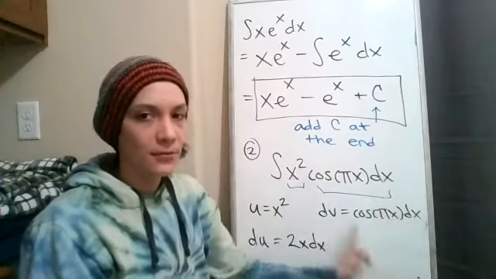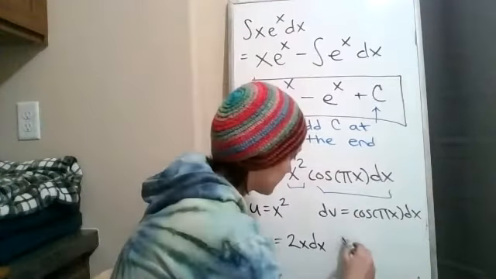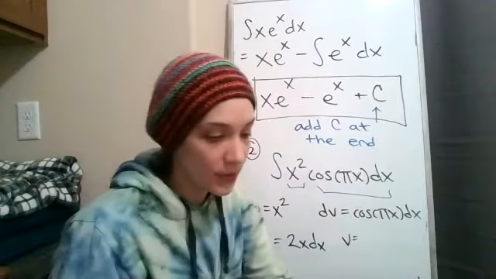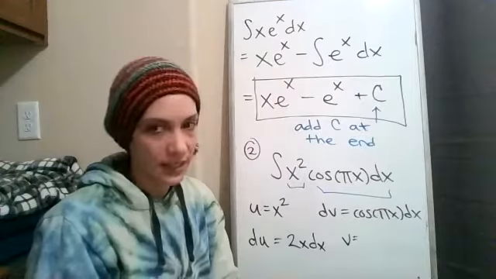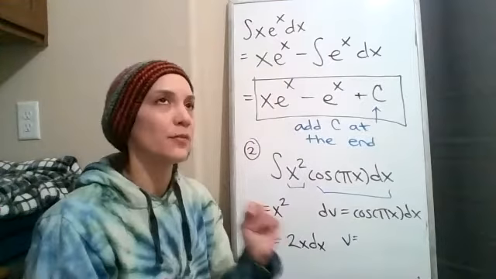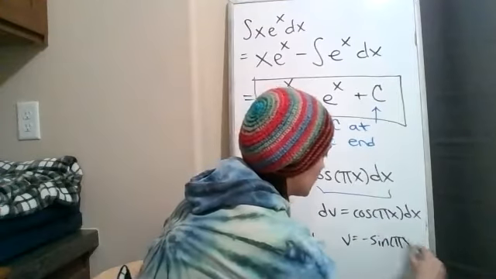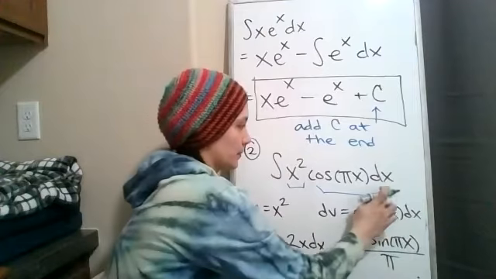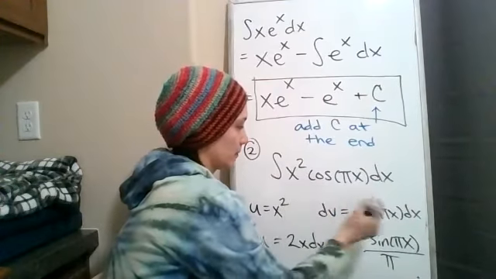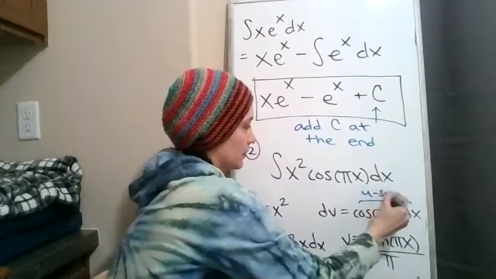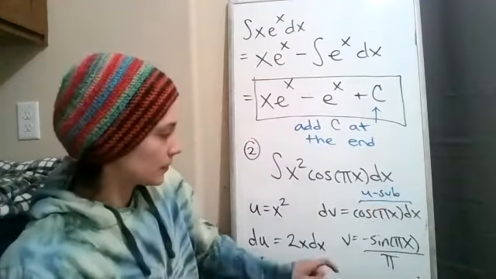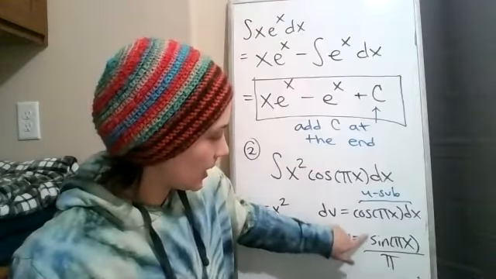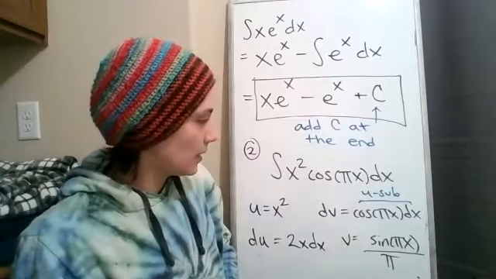So what we'll get is v equal to negative 1 over pi times sine of pi x. Oh, it's not negative. The derivative of sine is cosine. That's better.